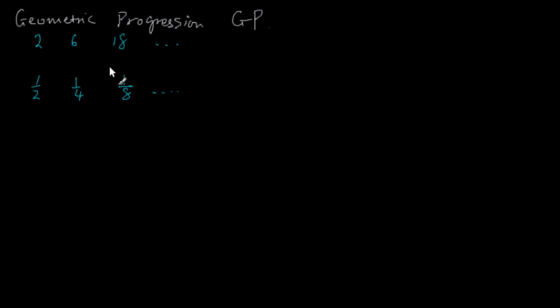So to start off with, let me represent the numbers in this sequence by some symbols. I'm going to let the first term be A. So A is going to be the first term. Here it will be 2. Here the A would be half. Now the next term: in these sequences, I got each term by multiplying the previous one by the same number.